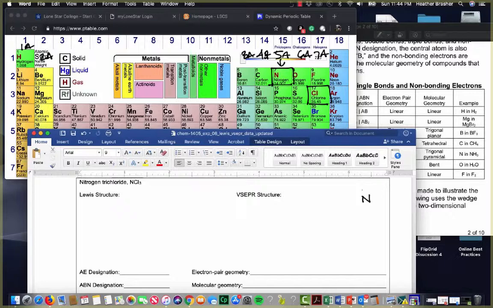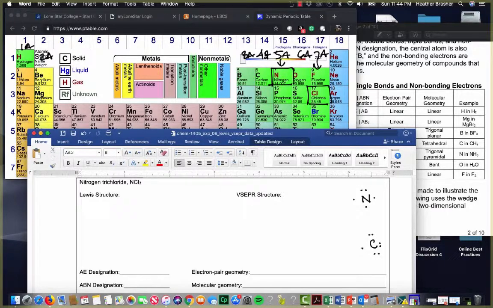So we have 1, each side gets a dot, and then that's 4, and then there's going to be 2 that actually come together as a pair here. Now chlorine has 7, so we have 1, 2, 3, 4, 5, 6, and 7.